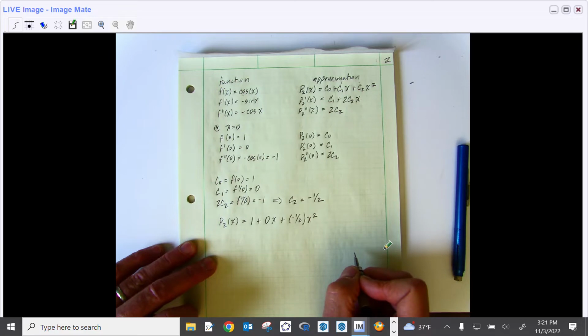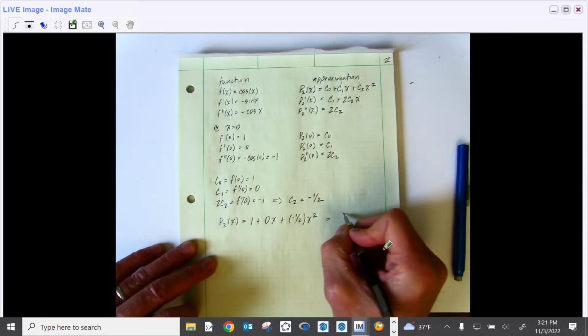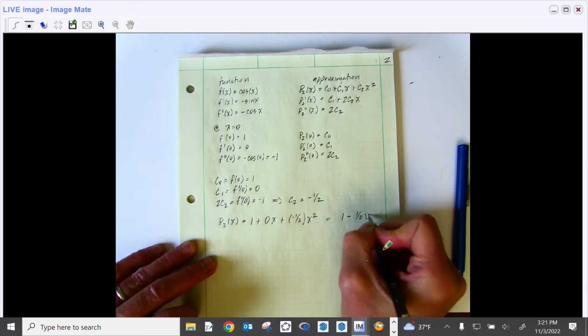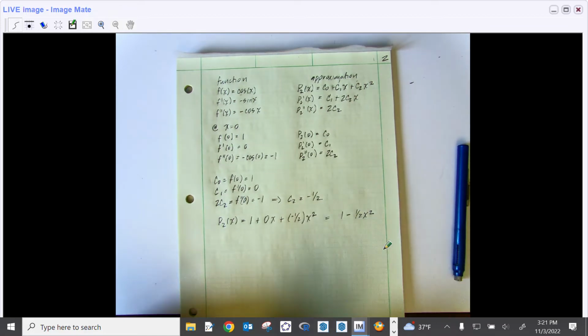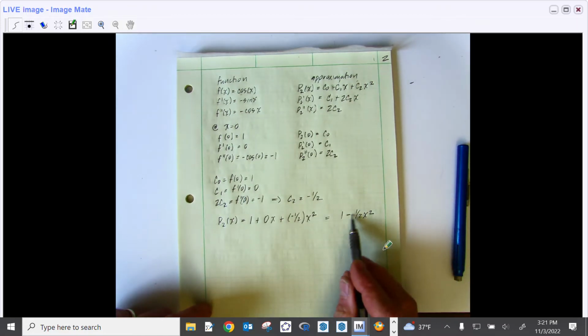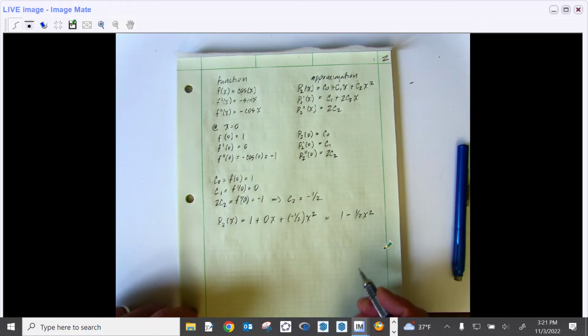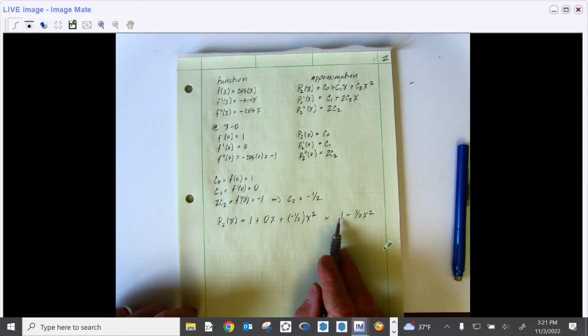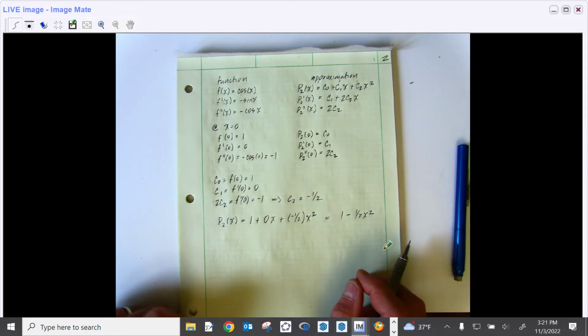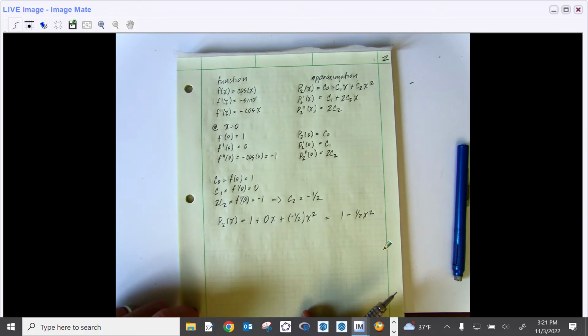So what that gives us is 1 minus 1/2 x squared, which is certainly a quadratic. It has a negative leading coefficient on the x squared term, meaning it's downward turning. It's got a y-intercept of 1. And absent is a b term, a middle term, where we usually see a b.